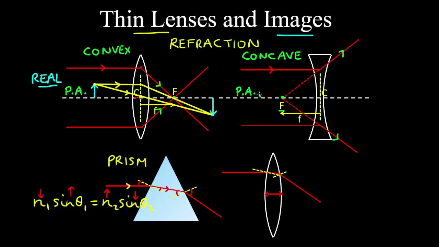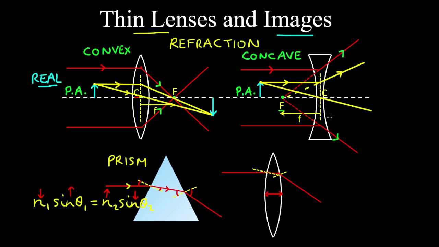Now suppose we had another object here and we took an incident ray along the principal axis going towards the concave lens. That's going to get refracted as follows. And then if we extend this ray through the focus, it looks something like this. And if we take another ray and pass it through the optical center, it doesn't get refracted.